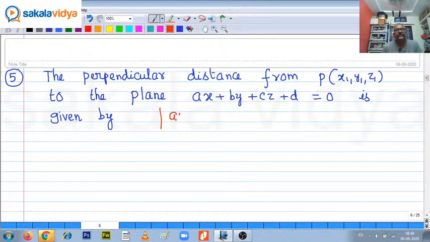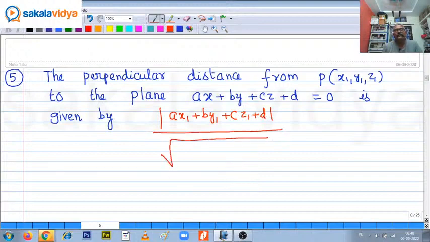You get modulus of ax1 + by1 + cz1 + d upon root of a square plus b square plus c square.